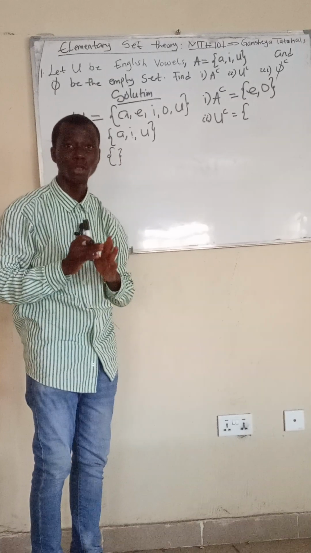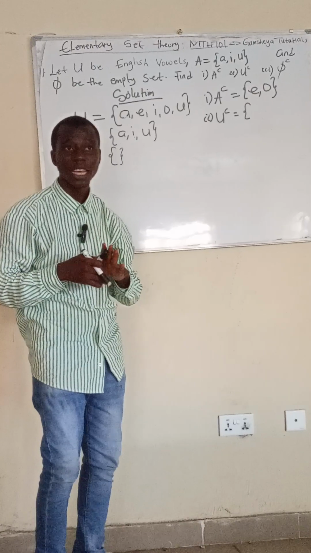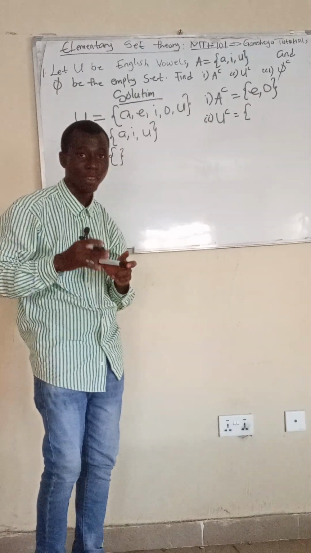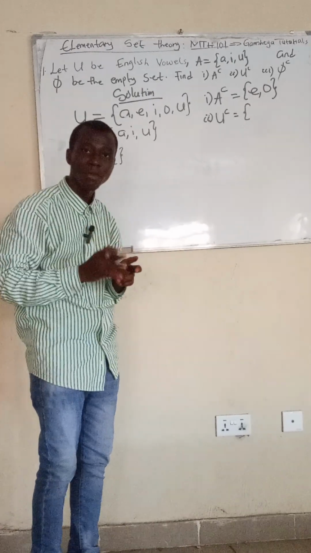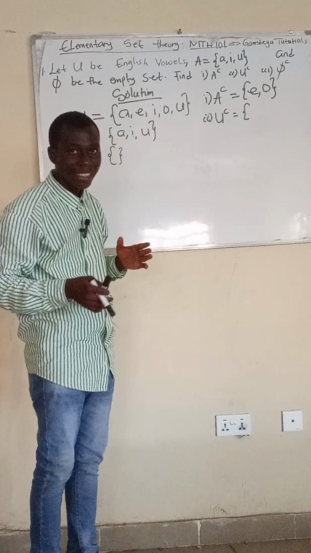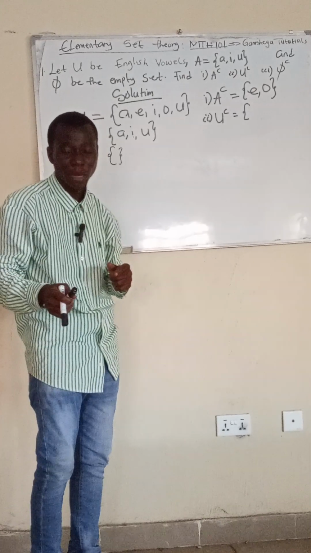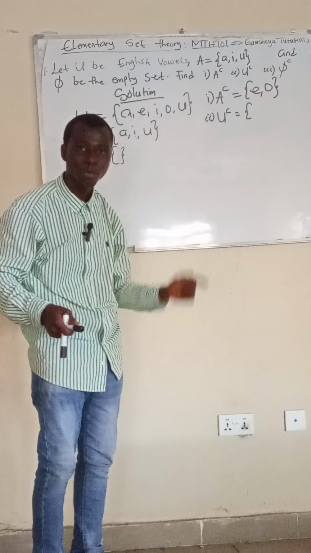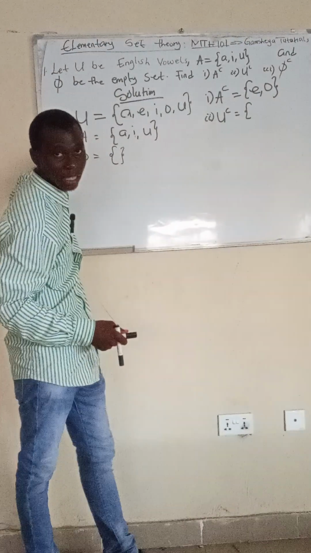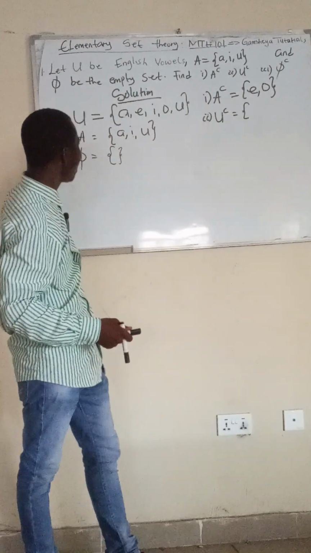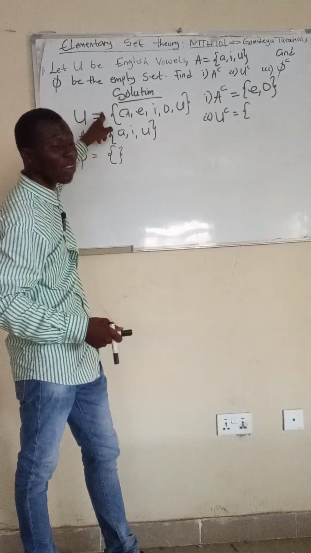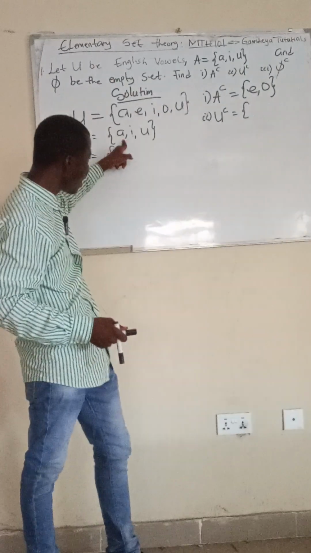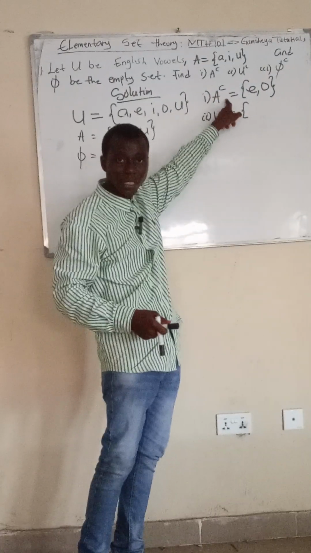Remember, we said the complement of a set means you take the universal set together with another set, and those elements you can see in the universal set that are not in the other set give you the complement of that set. We said the element you can see in the universal set but cannot see here gives us the complement of this set.